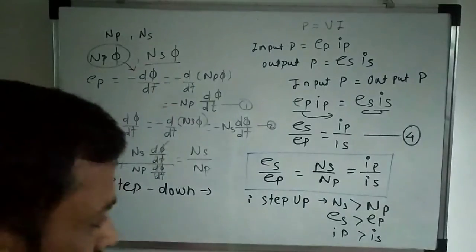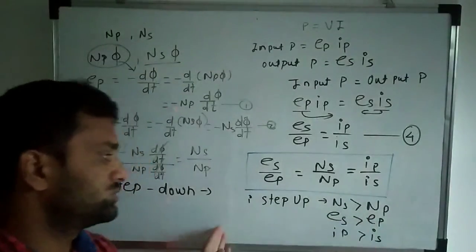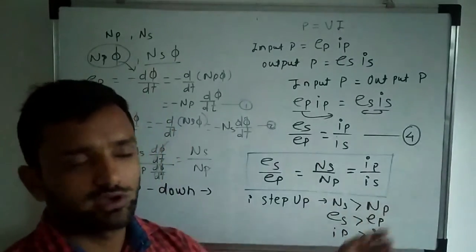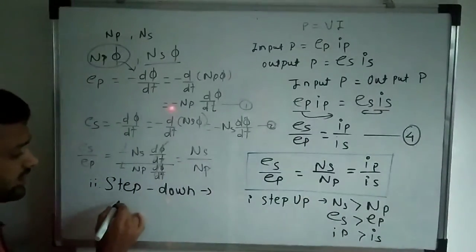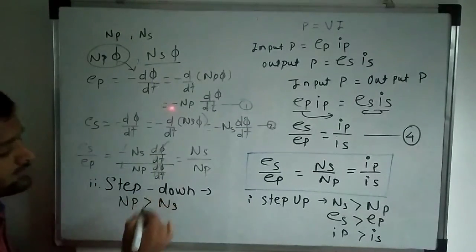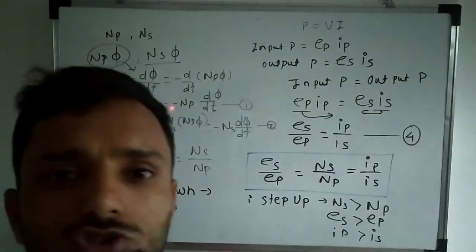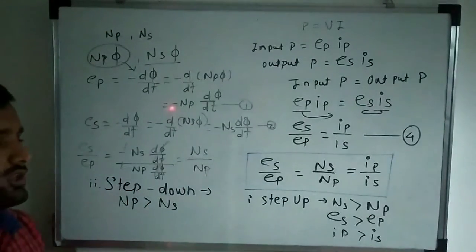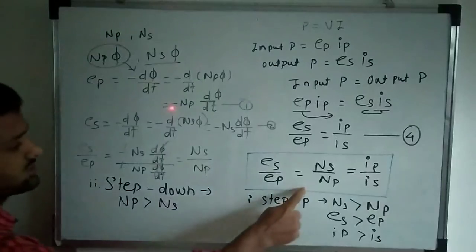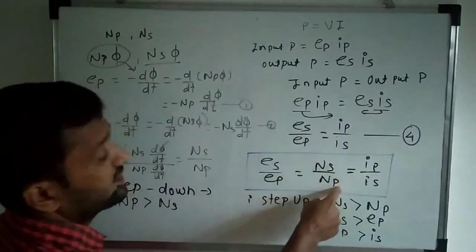Step down transformer is exactly reciprocal to the first part. NS is greater than NP, so make it reciprocal. If NP is greater than NS, the number of turns of the primary coil is greater than the number of turns of the secondary coil, what will happen to the equation? Here the denominator is greater than the numerator.